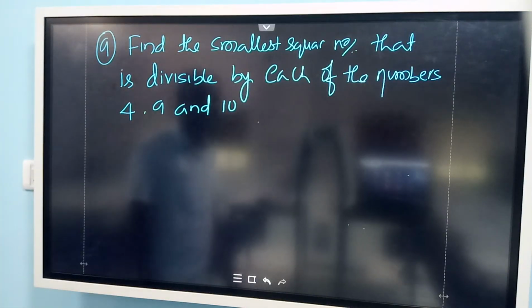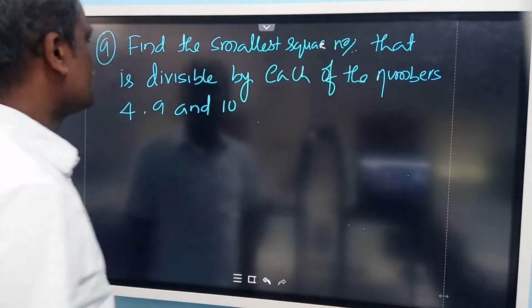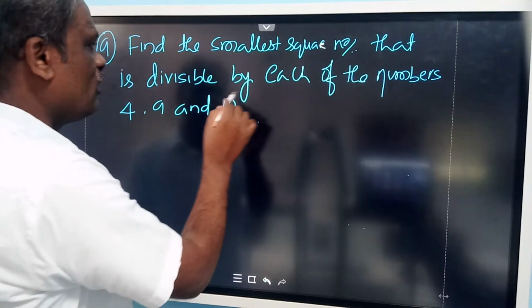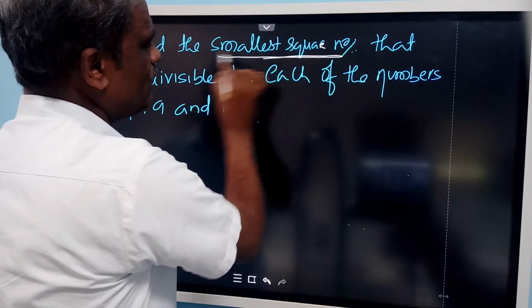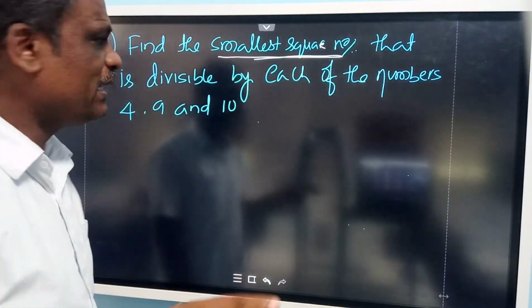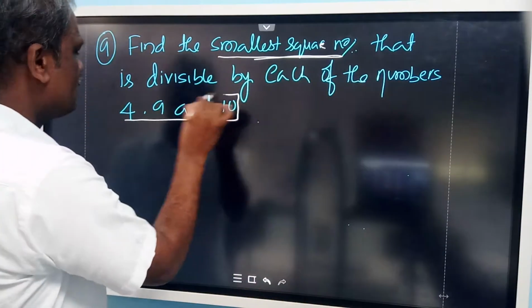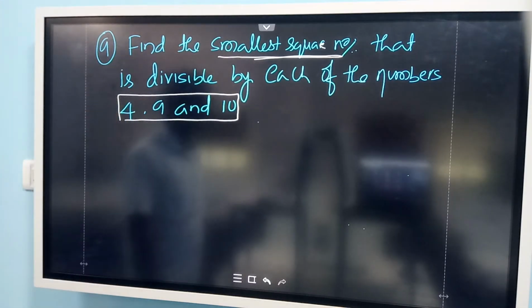Find the smallest square number that is divisible by each of the following numbers. You need to find the smallest square number that should be divisible by 4, 9 and 10. I did one question related to this in the examples.